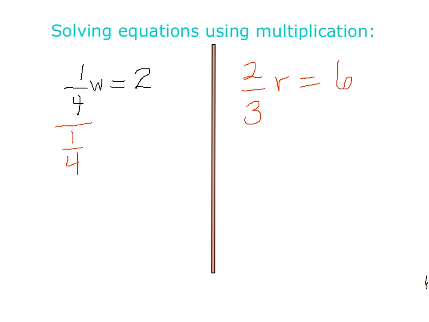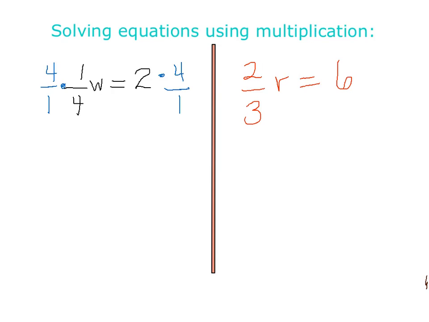So, if you take 1/4 and you flip it, and I'm going to erase this, we're going to use what's called, of course, the reciprocal. We're going to take 4 over 1, and then we're going to do the same thing over here. Okay, so we're actually not dividing, we're multiplying by the reciprocal. We don't like to divide with fractions anyway.